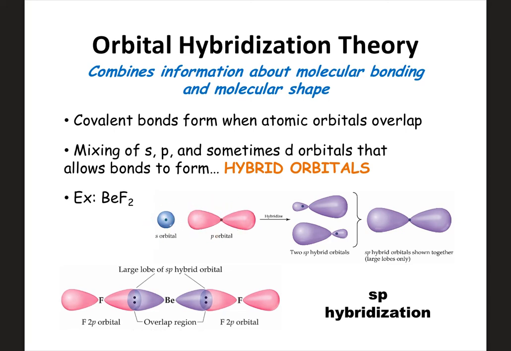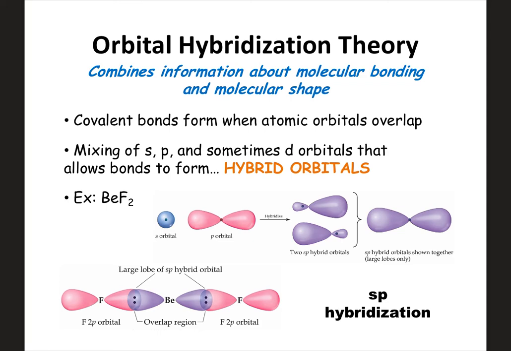So when a bond is going to form between a beryllium and one of the fluorines, these orbitals actually overlap and fuse together. They hybridize. They form a new orbital that we call sp.